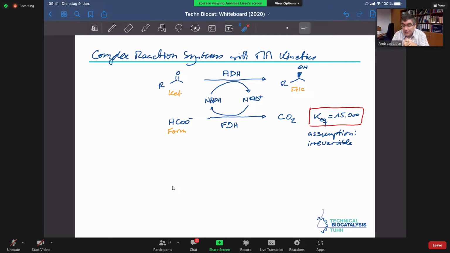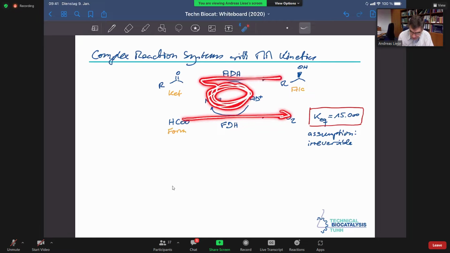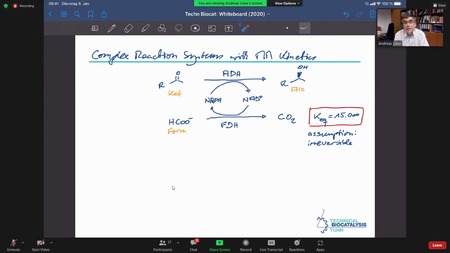This means we do not need to consider backward reaction. We're linked by the cofactor regeneration, and consequently also our major reaction will be irreversible.